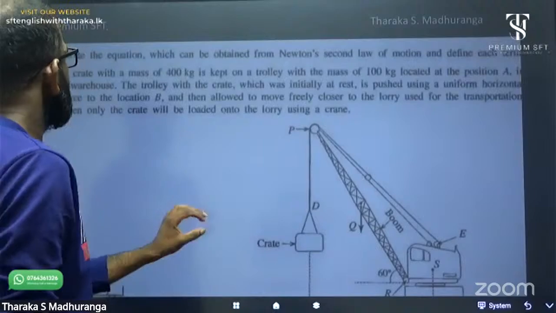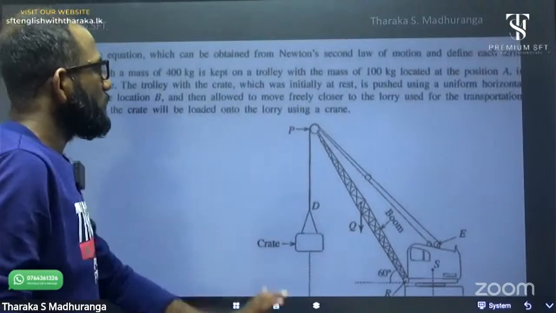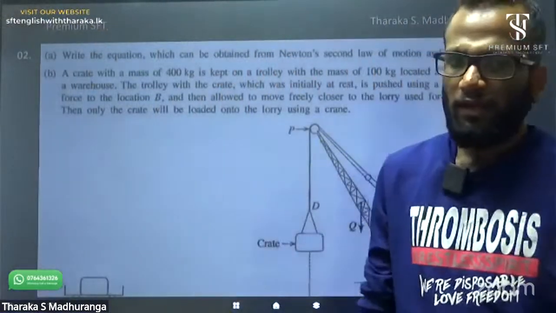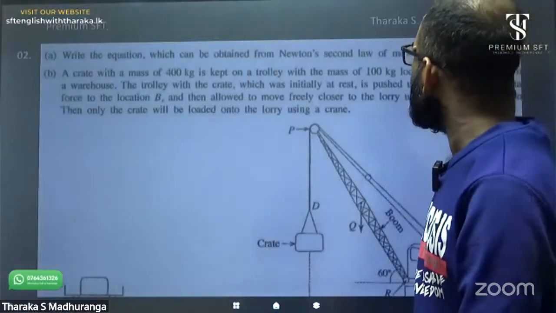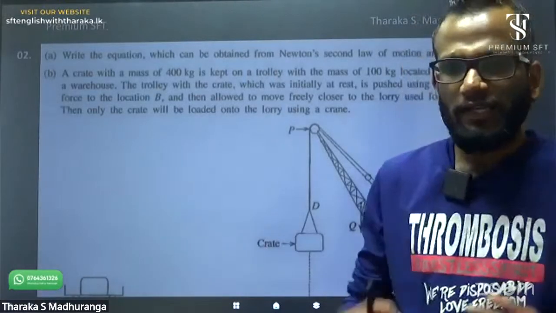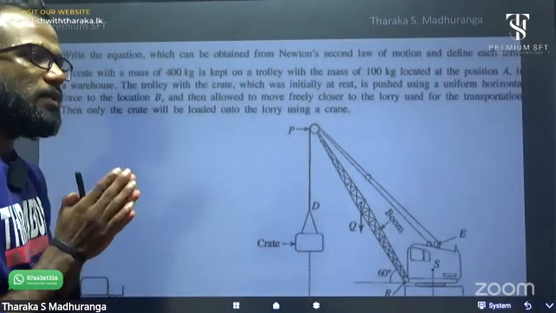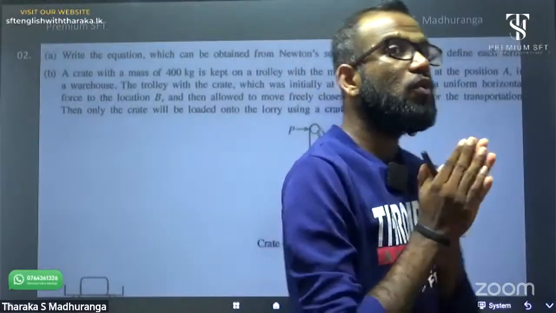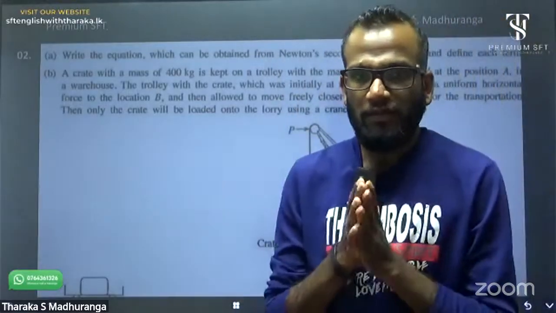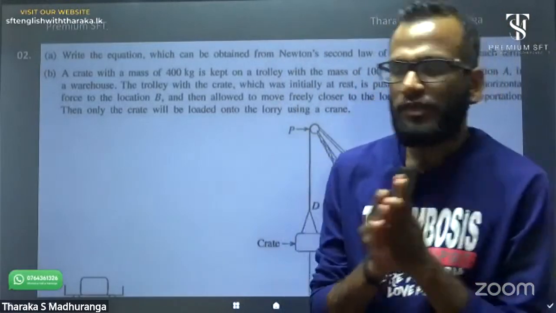Question number 2. Write the equation which can be obtained from Newton's second law of motion and define each term. Do you remember Newton's second law? What's Newton's second law?